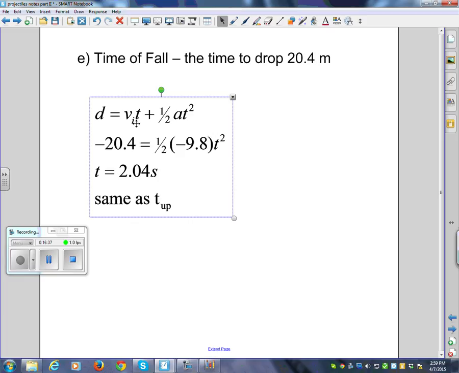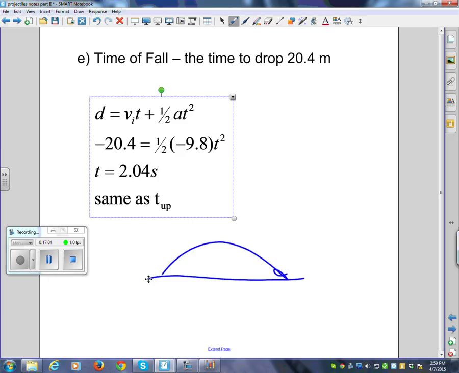What do you know, exactly the same time. So we don't really have to do this. I'm just proving it to you. Will that always be the case? Will the time up always be the time down? Only on a flat surface. Exactly. That is only true when it's a flat surface.